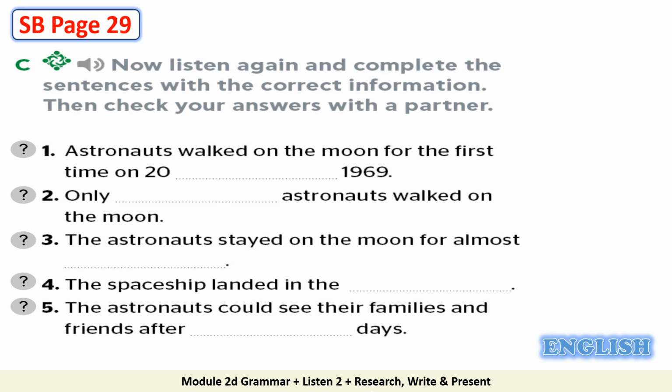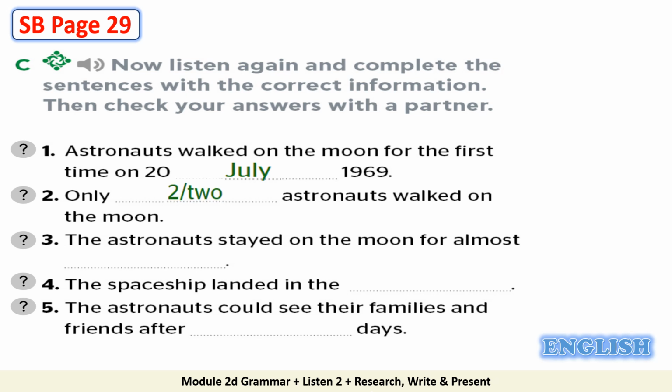Yes, Apollo 11 left Earth on the 16th of July, 1969. 4 days later, on the 20th of July, the astronauts walked on the moon. Cool. How many astronauts were in the spaceship? There were 3 astronauts in the spaceship: Neil Armstrong, Edwin Aldrin, and Michael Collins. But only 2 of them walked on the moon.